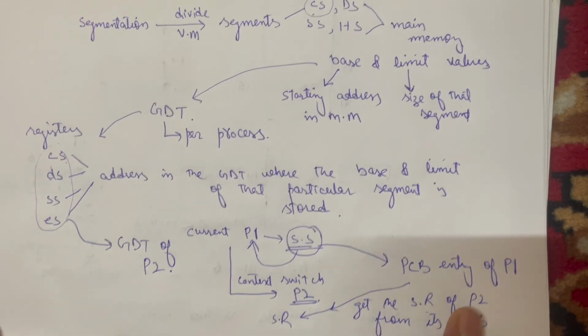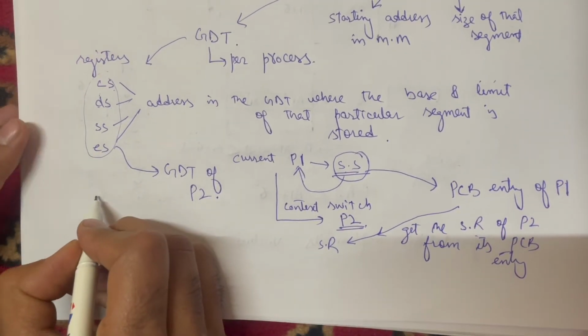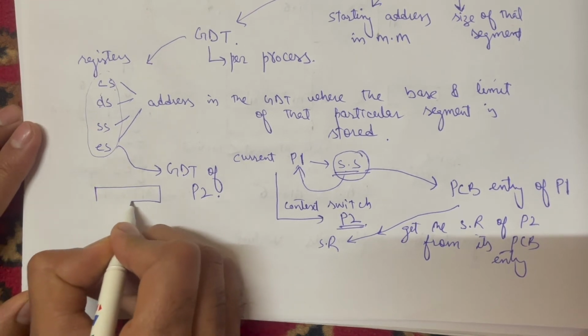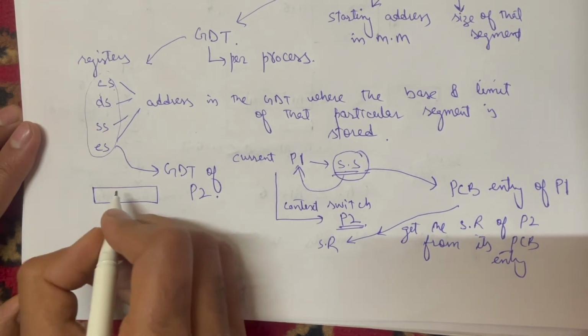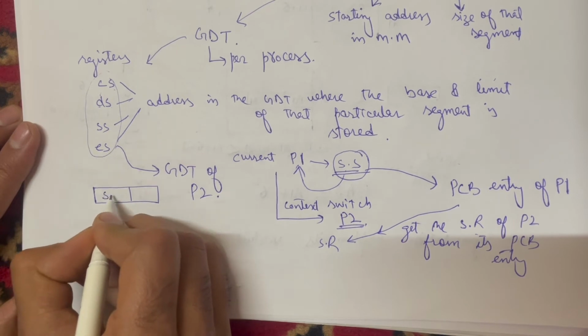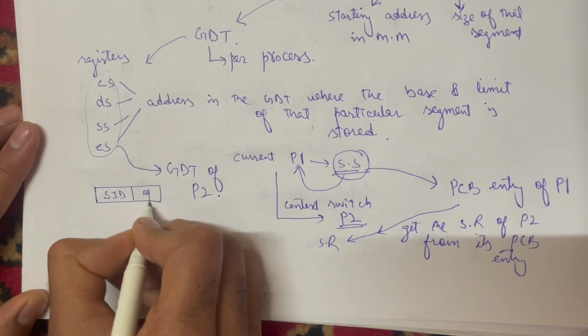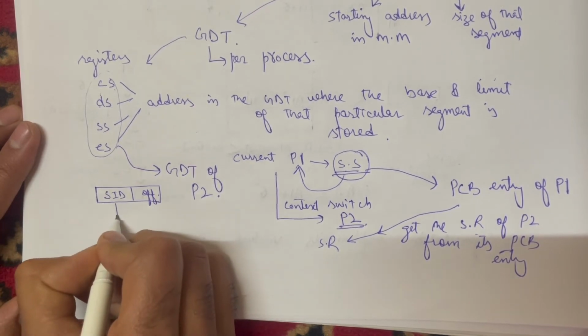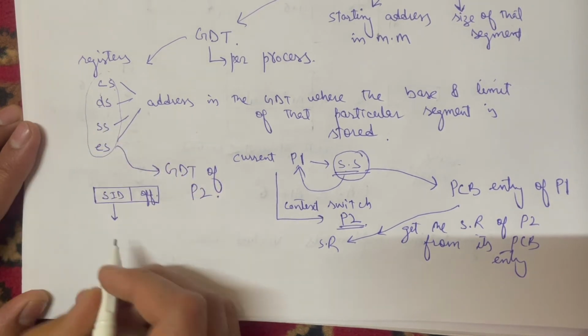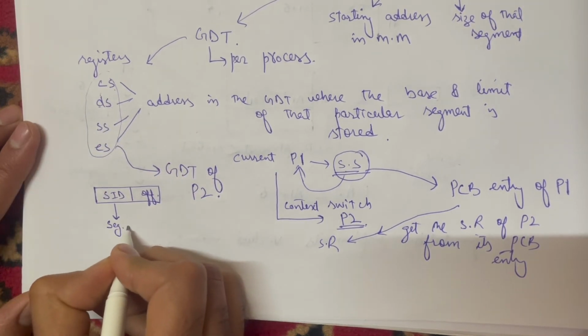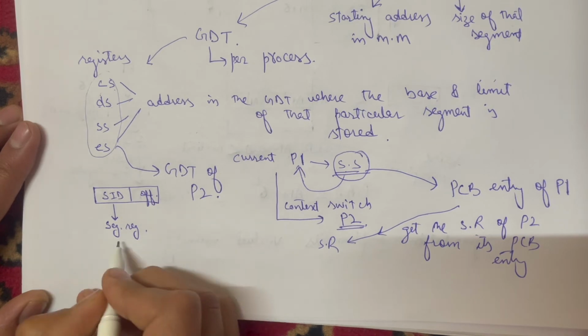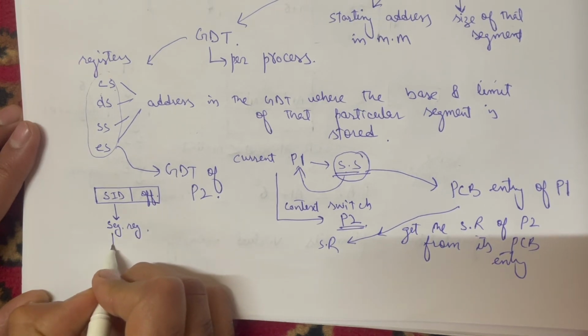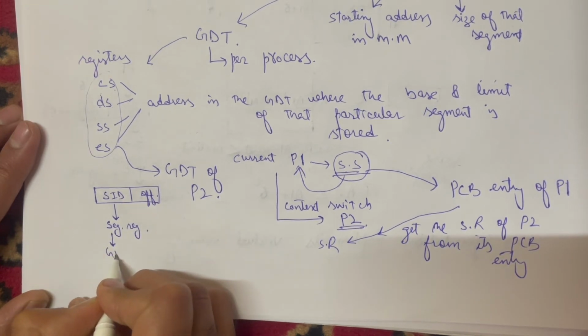And how are we changing virtual address to physical address? So this is the virtual address. The virtual address is divided into two parts. The first gives us the segment ID. The second part is the offset. From the segment ID, we get the segment register. From that segment register, we will access the global descriptor table.